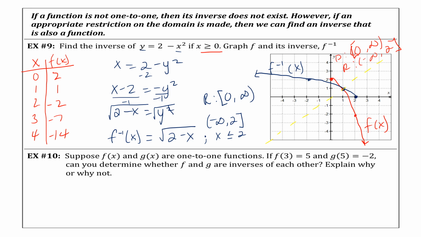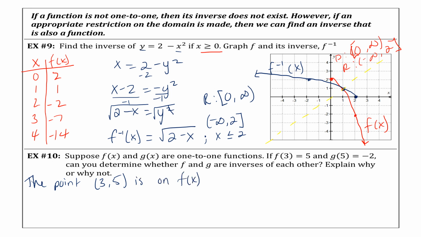Okay, so in order to do this, we have to make sure we understand that if we have f of 3 equals 5, that means that the point 3, 5 is on f of x.